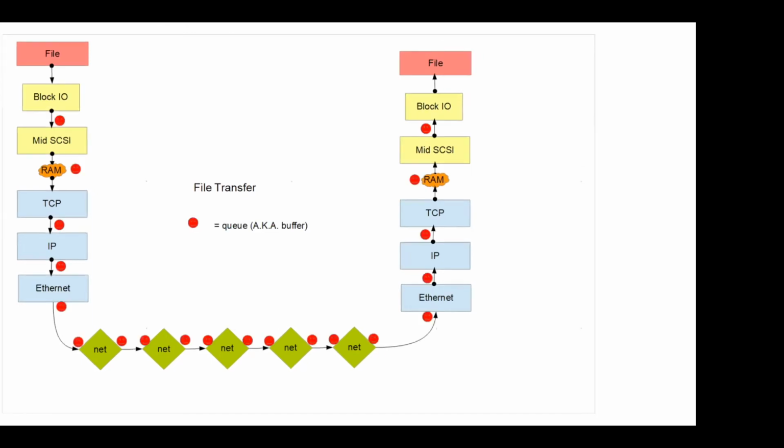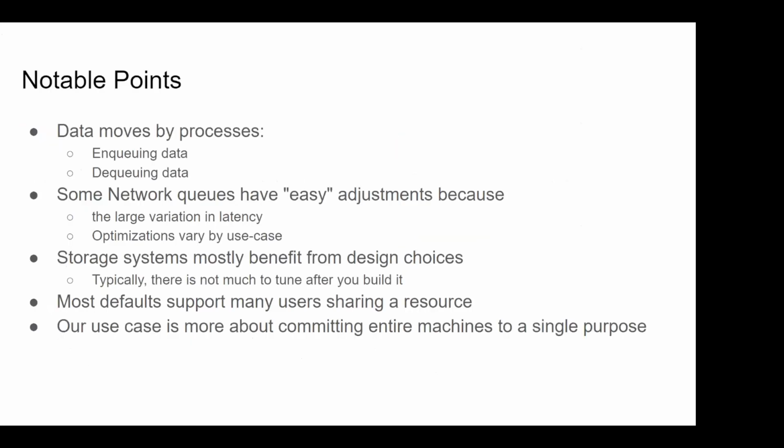All right. So this is a picture which shows, again, a simplification of every place that there's a queue or buffer along the way. There's probably more than this, but you can see that the whole mess is just processes taking bytes and putting them into buffers so that other processes can take them out of buffers and move them along their way. So notable points: data moves by processes, either in queuing data or dequeuing data.